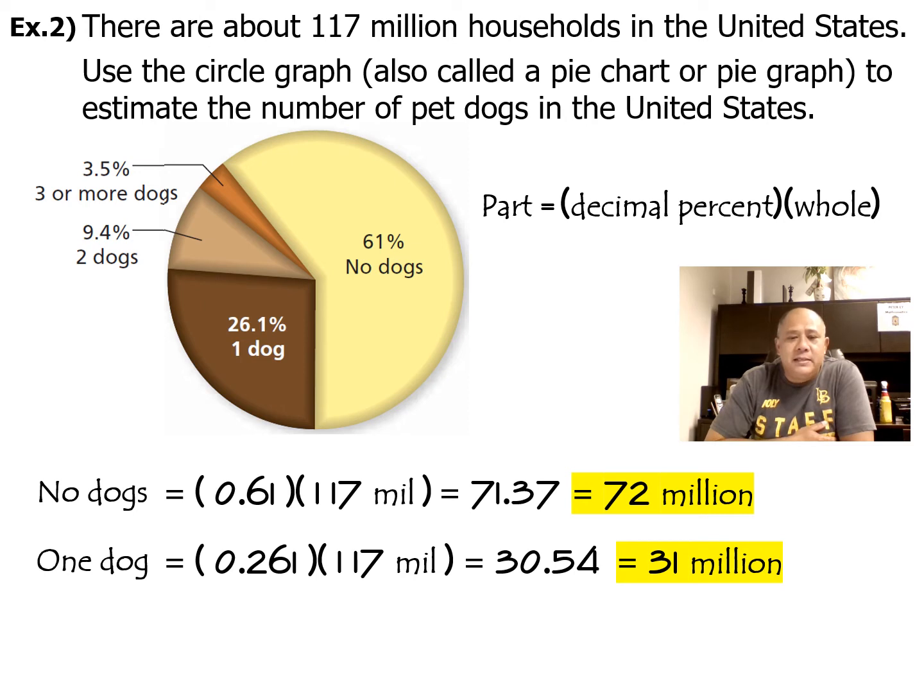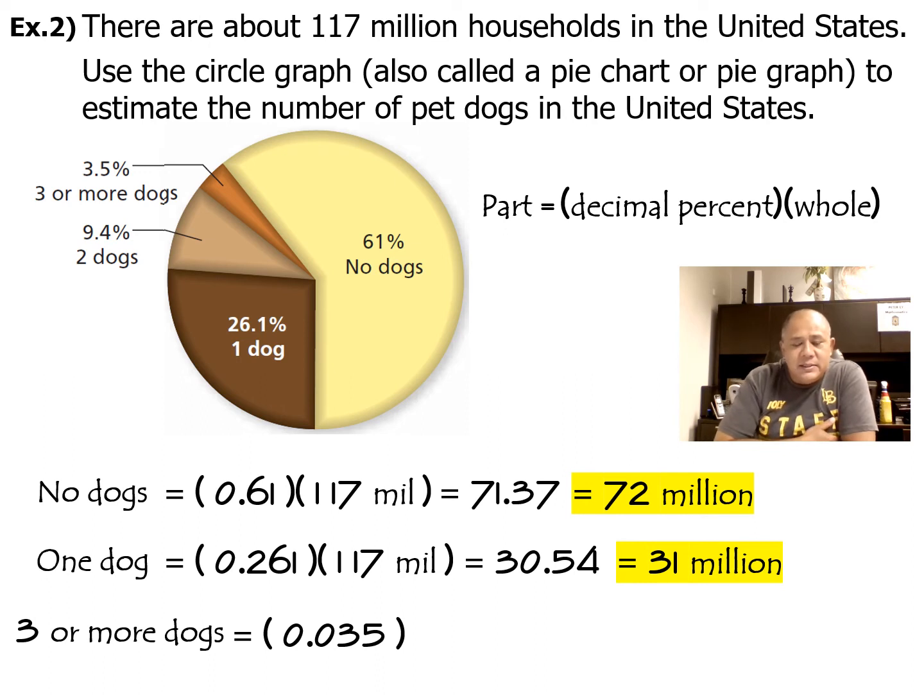And last but not least, let's take a look at how many households have 3 or more dogs. So 3 or more dogs, that is 3.5. Again, move it over 2 decimal places, so that's going to be 0.035 times 117 mil.